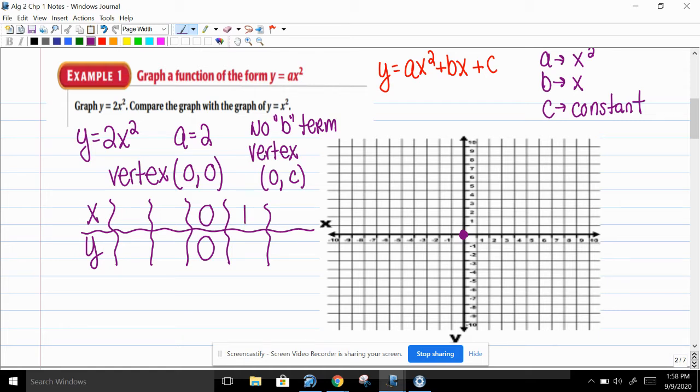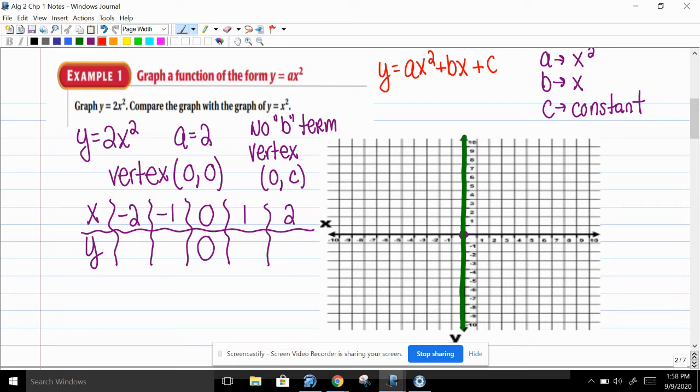And I'm going to go 1 and 2 on one side, and -1 and -2 on the other side. You're not going to need to find all of the 4 missing numbers. You're only going to have to find 2 because remember, the axis of symmetry is going to go through this vertex, which means it's going to create mirror images.